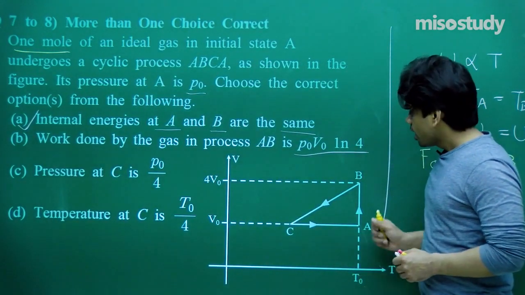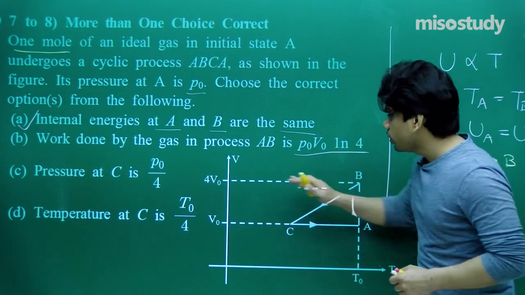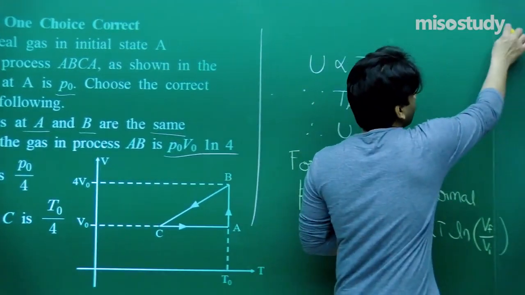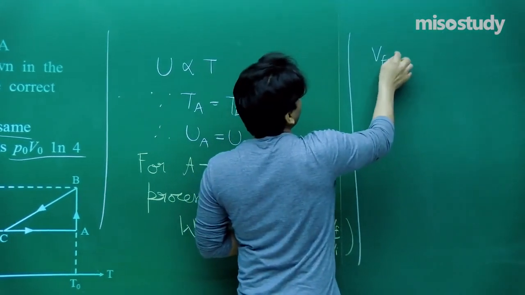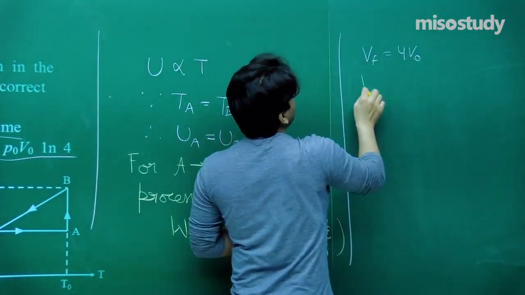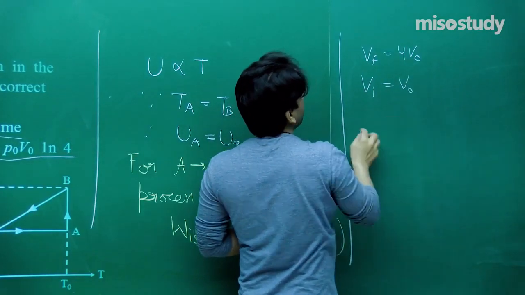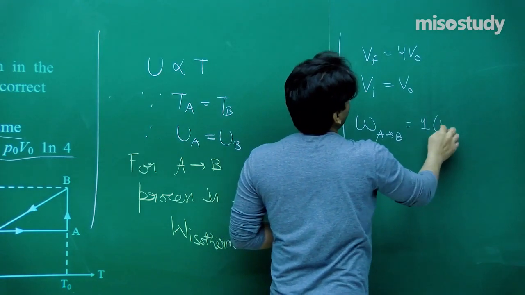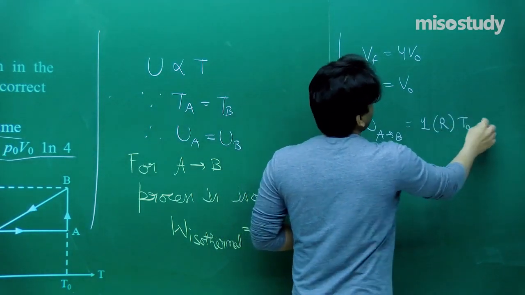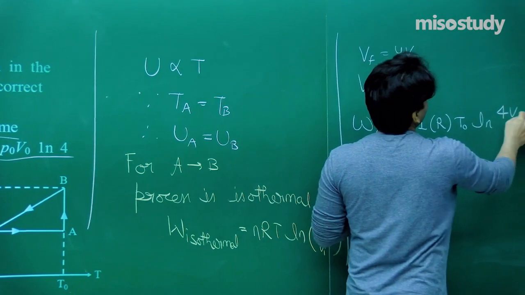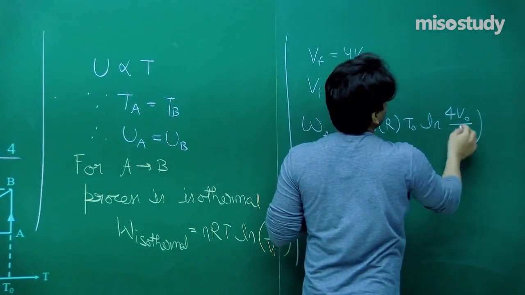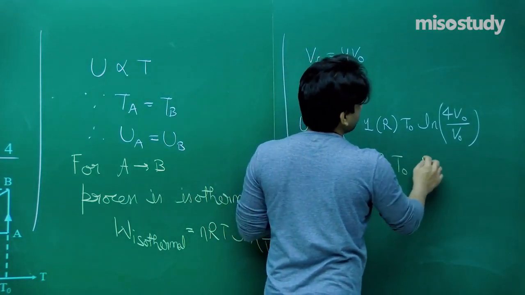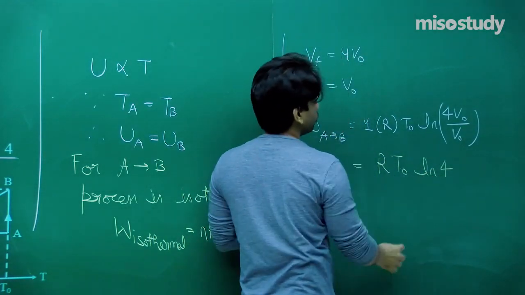The final volume is 4 V0 and the initial volume is V0. So work done from A to B for an isothermal process is 1 into R into T0 ln of 4V0 divided by V0. That is RT0 ln 4. You are going to obtain this.